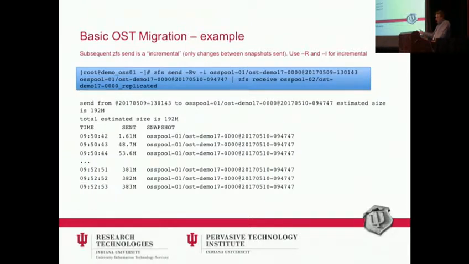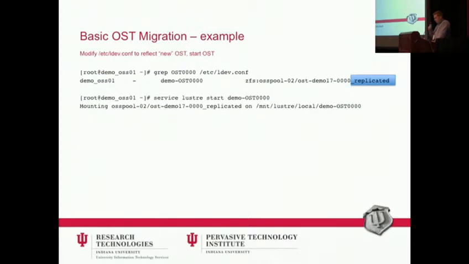And this is just receiving that final snapshot. You can see in this example there was some data that had changed. It took about 3 minutes for that final synchronization. And then we went ahead and started up that OST specifically.